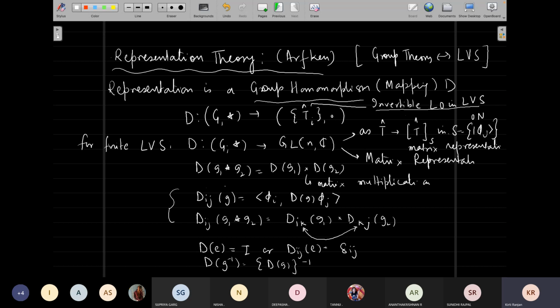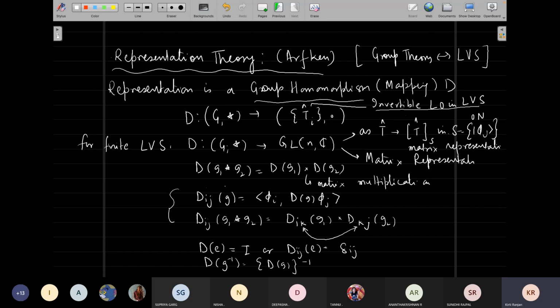This idea becomes useful because we know that these linear operators will be represented by matrices in a given basis. So once the basis is given, an operator is represented by matrices. So when we say representation theory, a representation is a group homomorphism, which in finite linear vector spaces maps any group to a group of matrices.